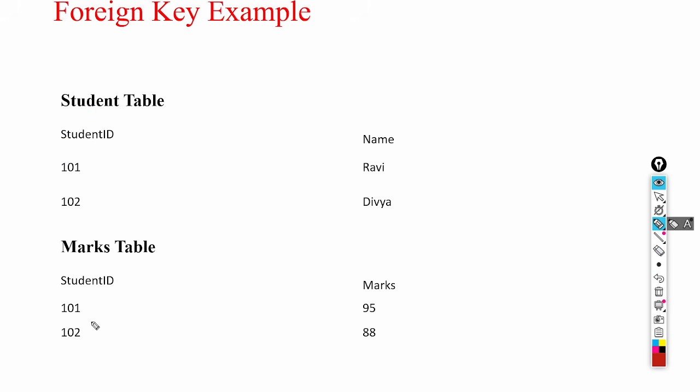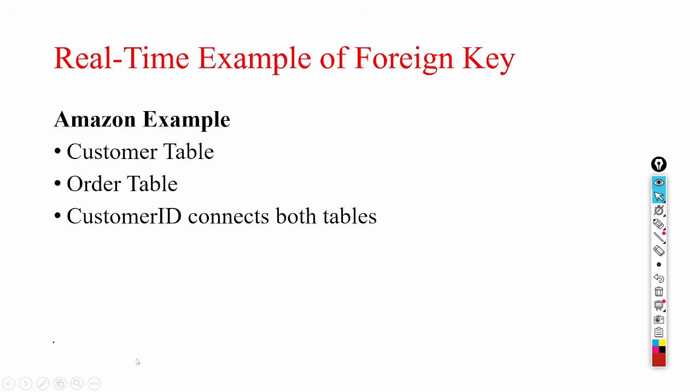One more example I will give you. We are taking the Amazon example. Consider the Amazon customer table, which stores the customer information on the Amazon website. The customer table stores customer information, and the order table stores order information. The customer ID connects both tables.